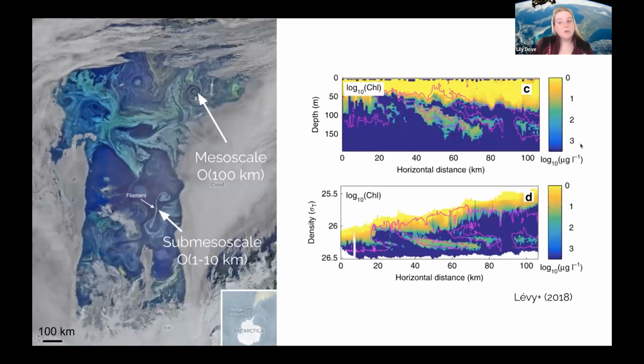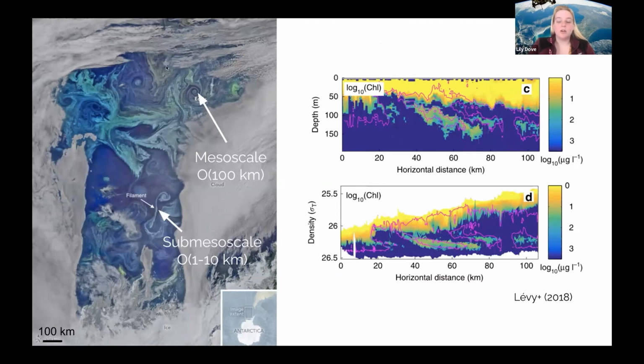But one way we do attempt to separate out the mesoscale versus submesoscale is looking at spatial scales. So this is an ocean color image from Drake Passage, pointing out a big, nice, beautiful mesoscale eddy spinning around phytoplankton.